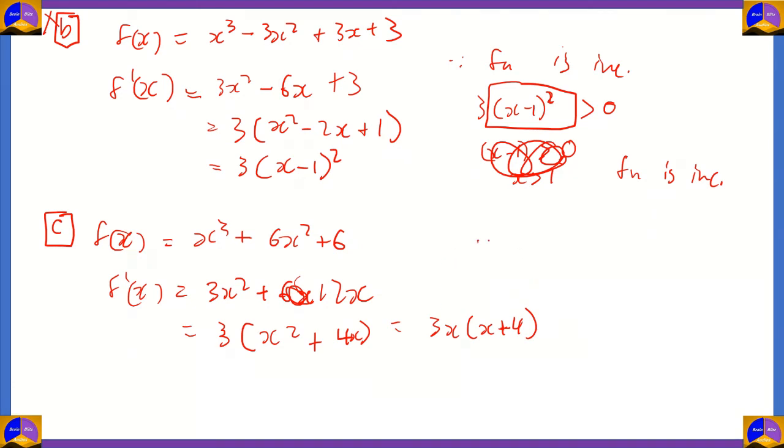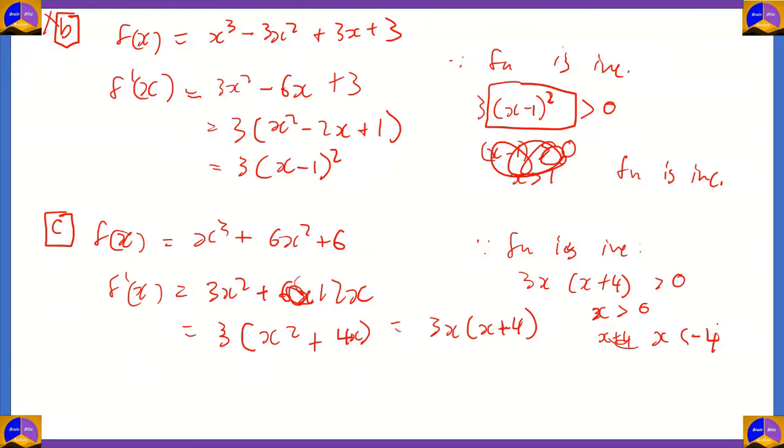As the function is increasing, that means 3x times x plus 4 is greater than 0. So that means x is greater than 0, x plus 4 is greater than 0, so x is less than minus 4.